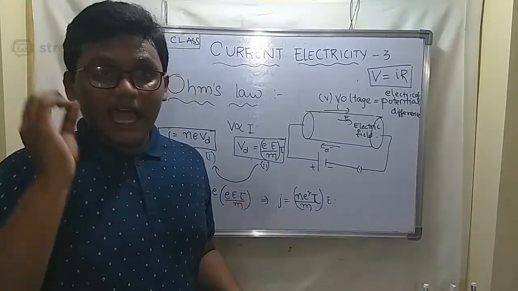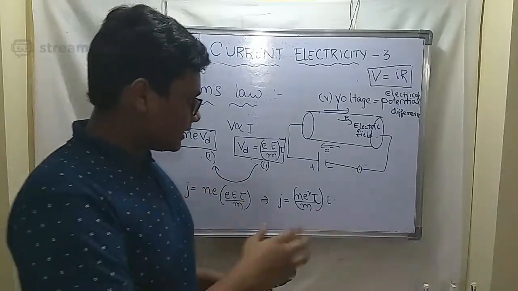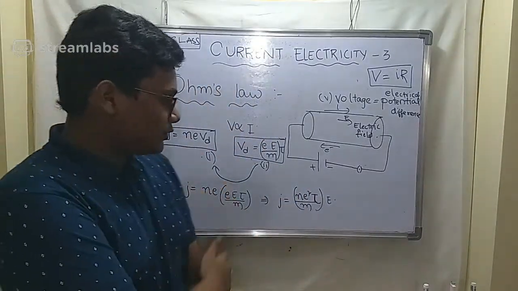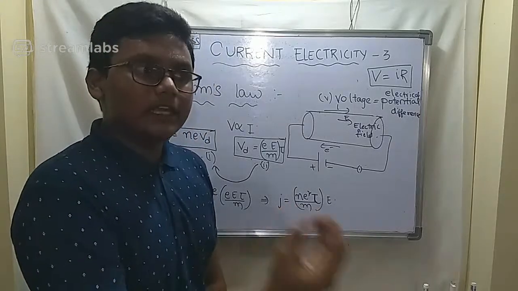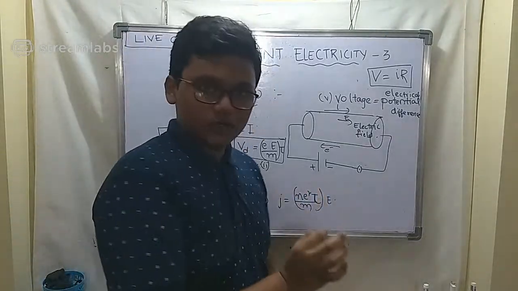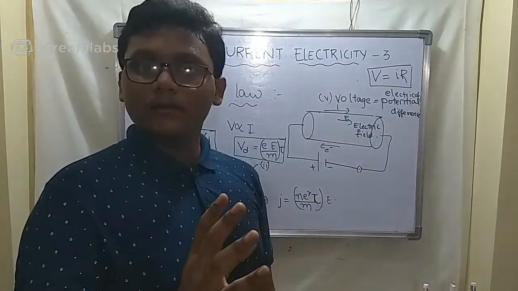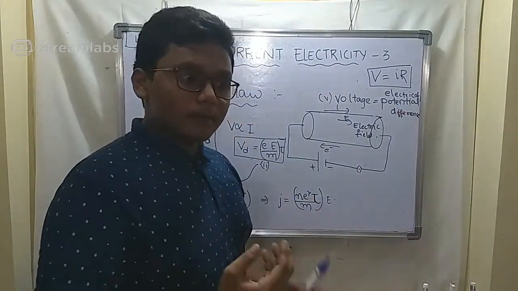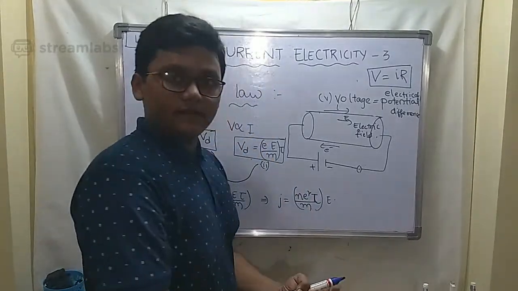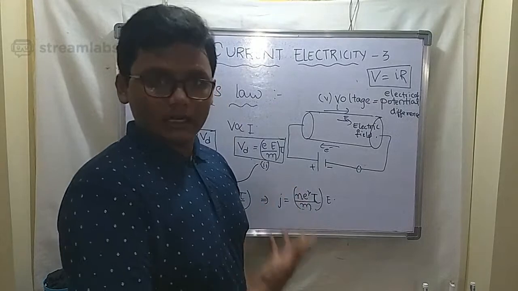And e square, the charge, is also constant: e is 1.6 times 10 to the minus 19 coulombs. Tau, the relaxation time between successive collisions, also depends on the material and is constant, and the mass m of the electron is also constant.